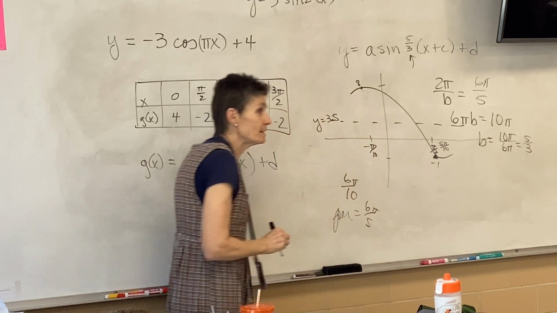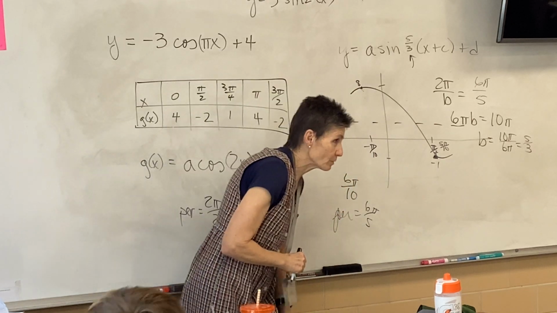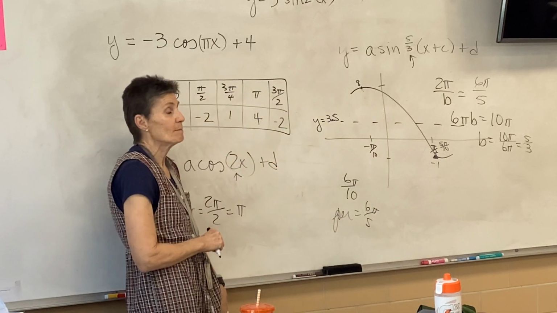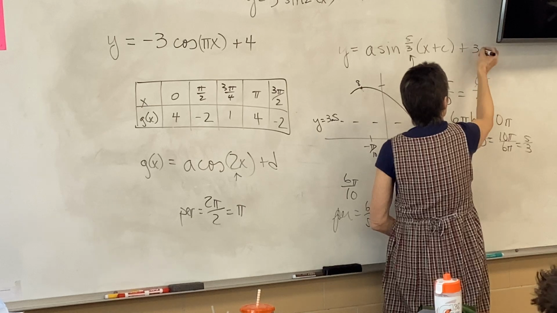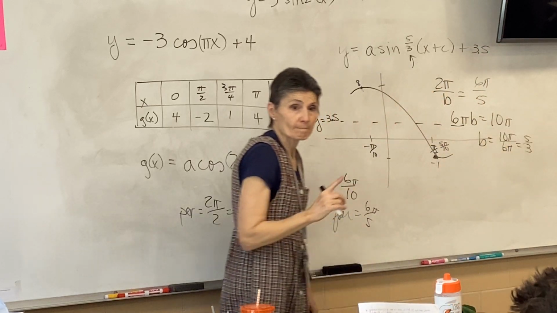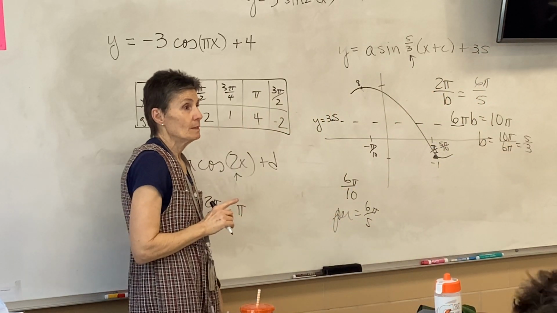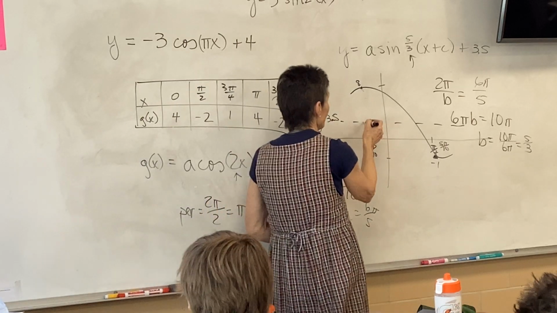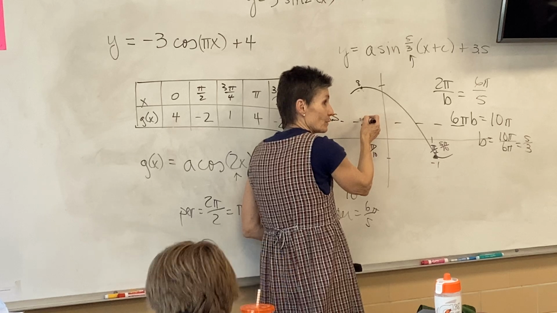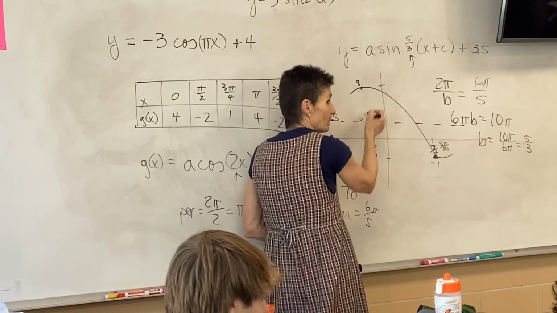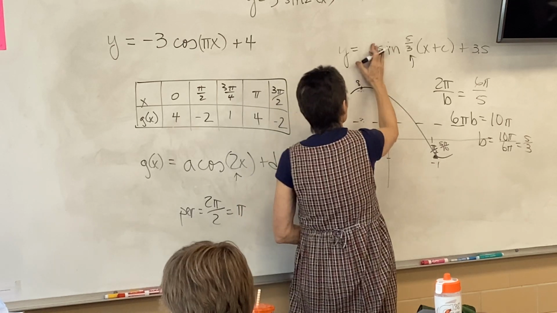The midline is the average of the numbers, the middle number. Now, once I know my midline, I can find my amplitude. What's my amplitude going to be? 4.5.